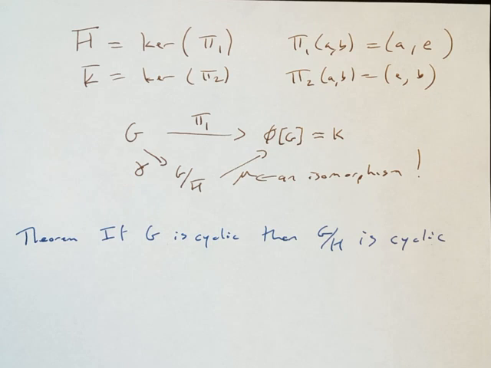I want to show that the collection of cosets is cyclic. What does it mean to be cyclic? There's a generator. Well, that means there's a generator for G, right?